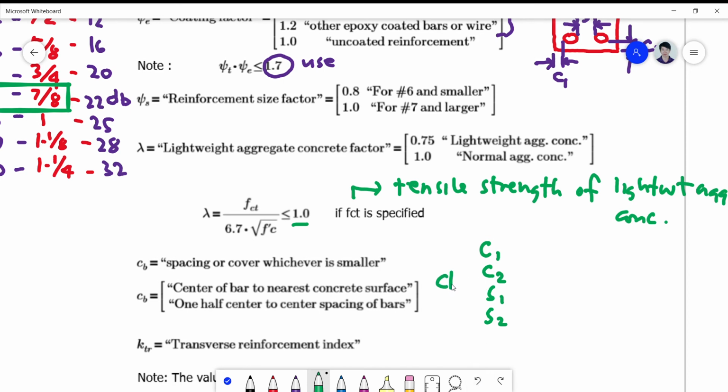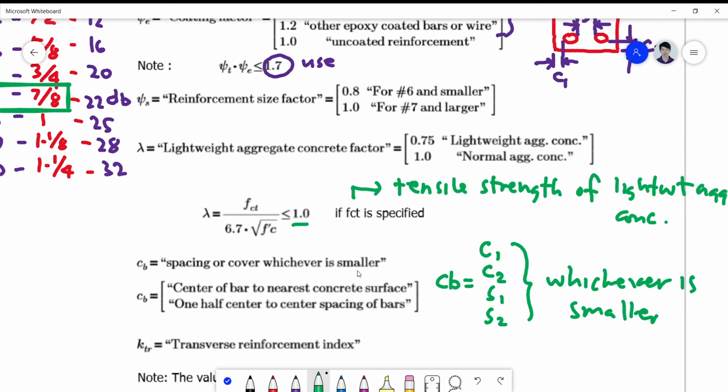Okay, Cb is equal to whichever is smaller. So you measure all these values here, and then you compare and get the smallest.